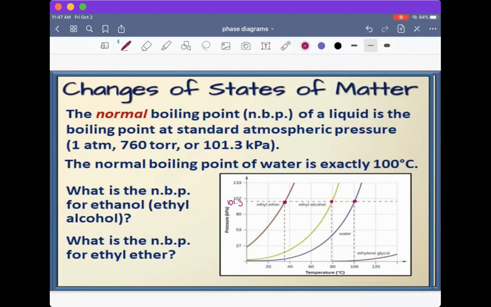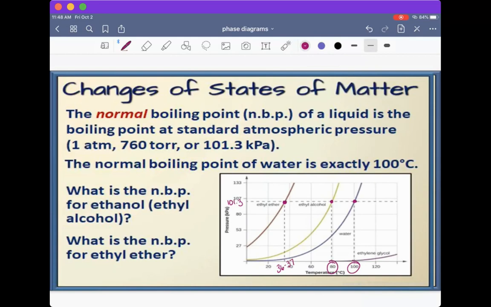Now, ethylene glycol goes off the graph here, so we can't really see where its normal boiling point is, but we can expect it to be very high. For ethyl ether, we have a boiling point of about 36, 37 degrees Celsius. You have ethyl alcohol here at 80 degrees Celsius, and then water here at 100 degrees Celsius.